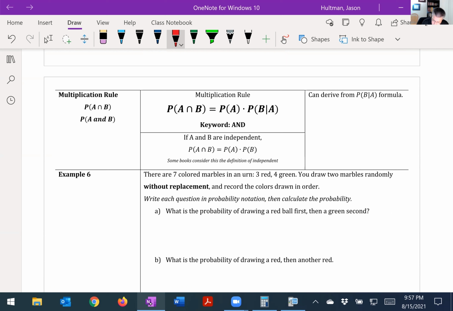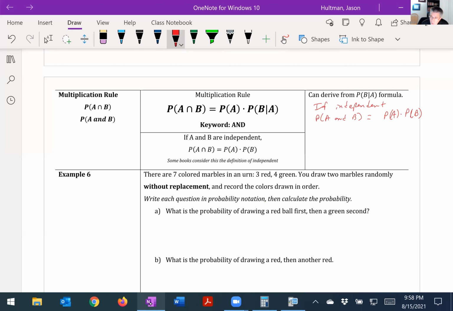Remember, if A and B are independent, then the probability of A and B is equal to the probability of A times the probability of B. We said that this was true based on this formula.